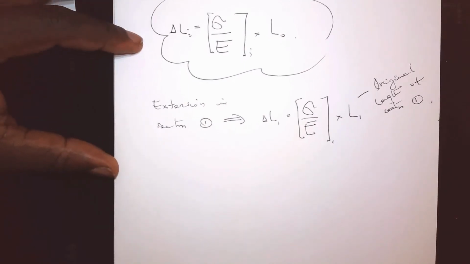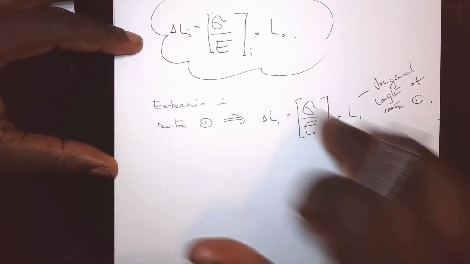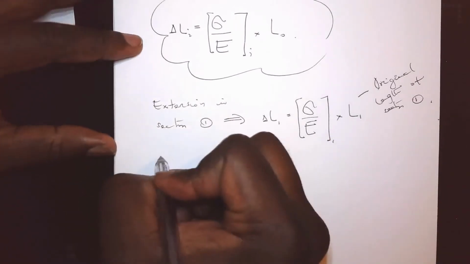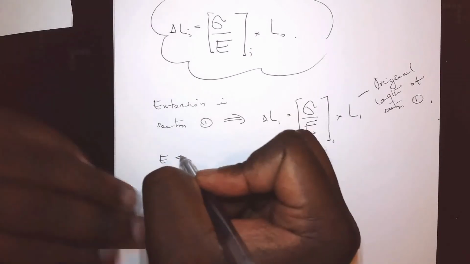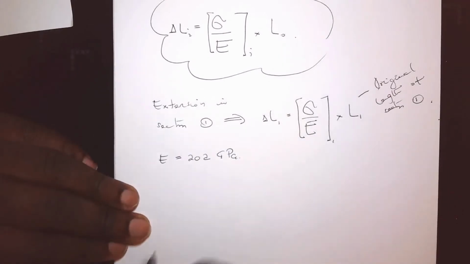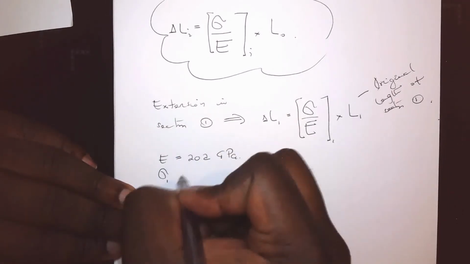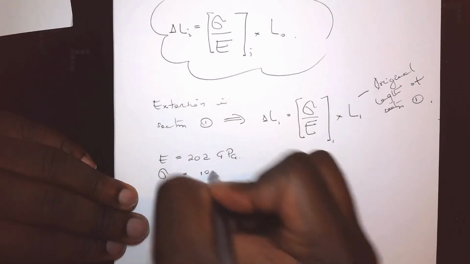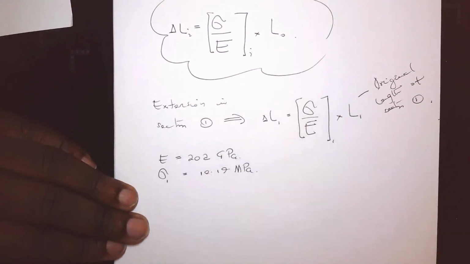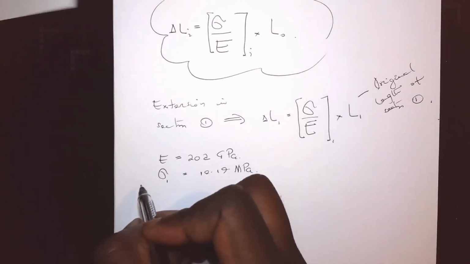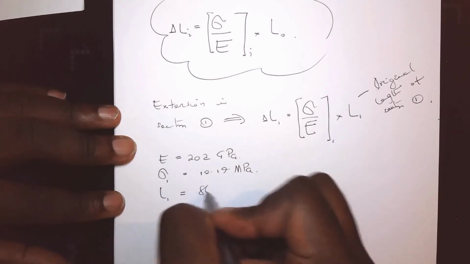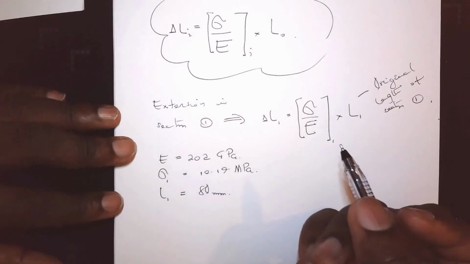Fairly straightforward. We know what the stress is. We've been given the elastic modulus, E, in the problem, which is 202 GPa. We calculated the stress to be 10.19 MPa, and the original length of section 1 was given as 80 millimeters.